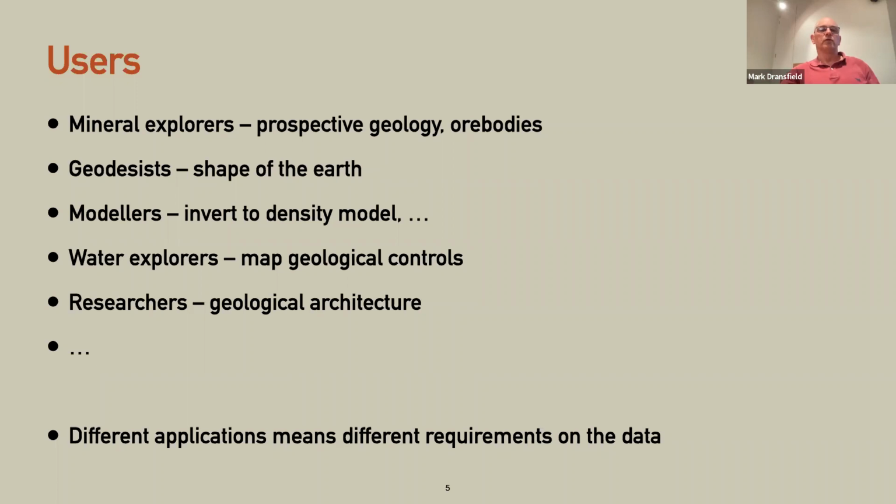And all of those people have different purposes, different applications: prospective geology, looking for ore bodies, trying to map the shape of the Earth, trying to come up with density models, trying to map geological controls, trying to understand geological architecture, a vast array of applications. And that vast array of applications means different requirements on the data.